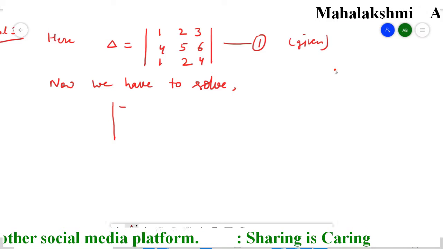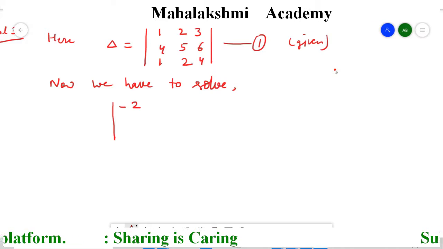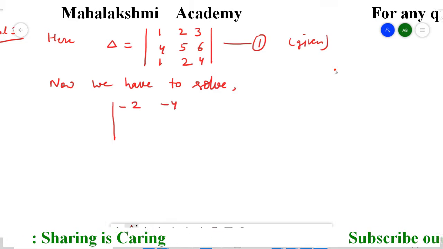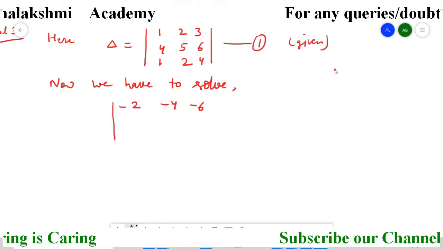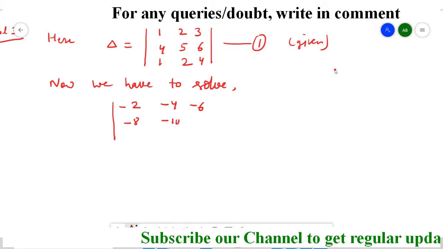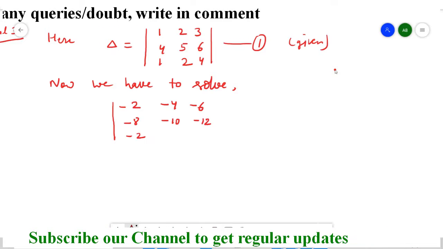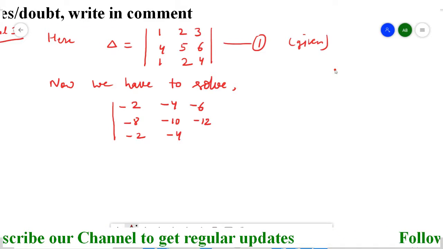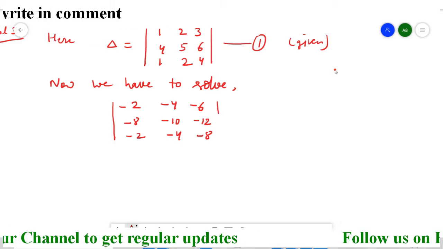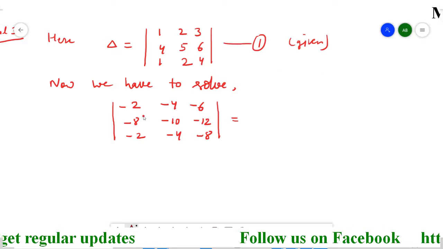Here we have to find the value of the determinant in which the elements are -2, -4, -6, and -8, -10, -12, -2, -4, -8. To solve this, I am taking -2 out from each row.